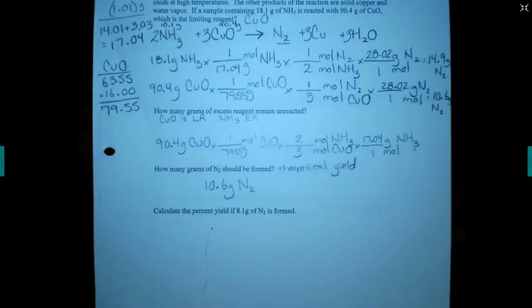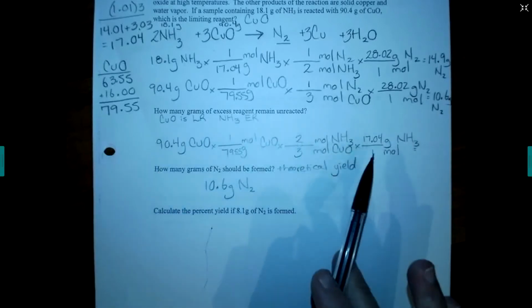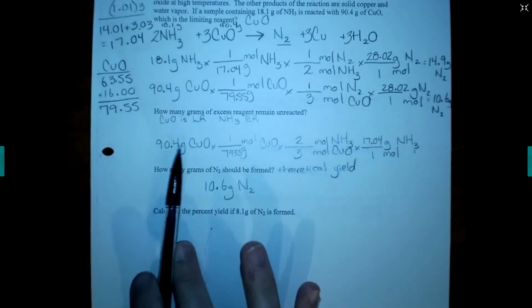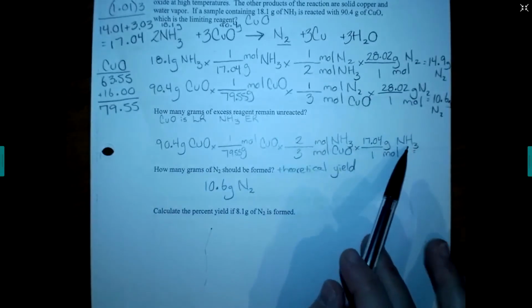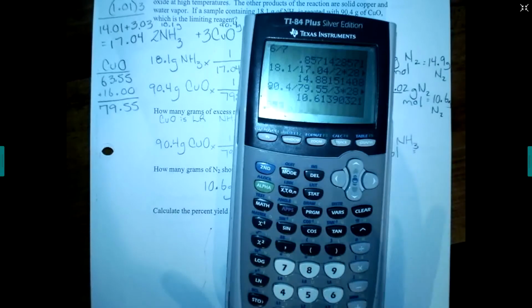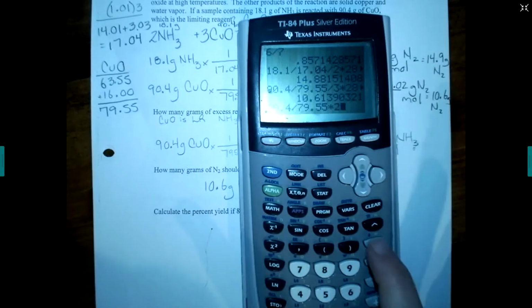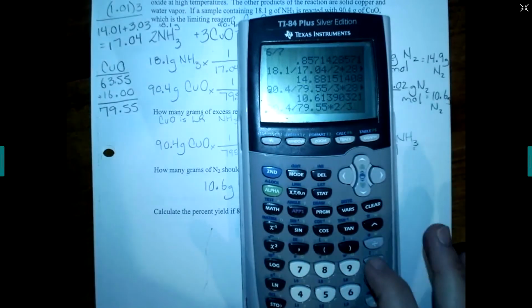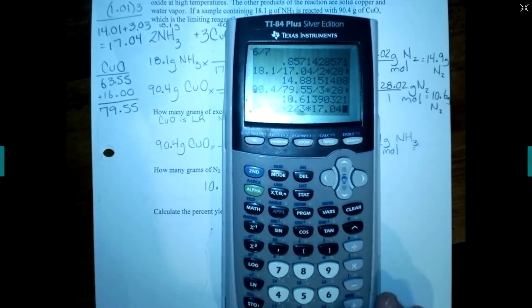All right, so let's see what we get. Now, again, notice we're just setting up a gram to gram problem like you did on your recent quiz. Grams of your limiting to grams of your excess. So let's plug all that in. 90.4 divided by 79.55 times 2 divided by 3 times 17.04.